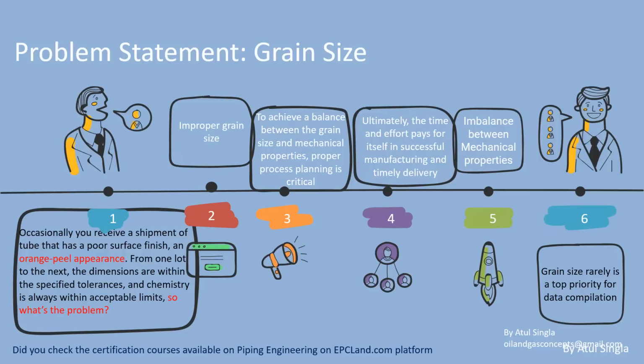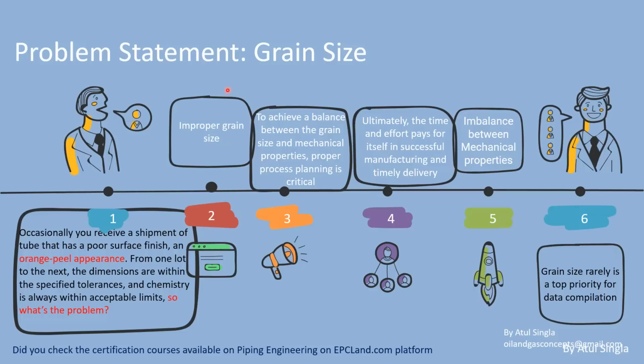Now what is that? This is nothing but improper grain sizes in the material of the pipe, right? So to achieve a balance between grain size and mechanical properties, proper process planning is critical.